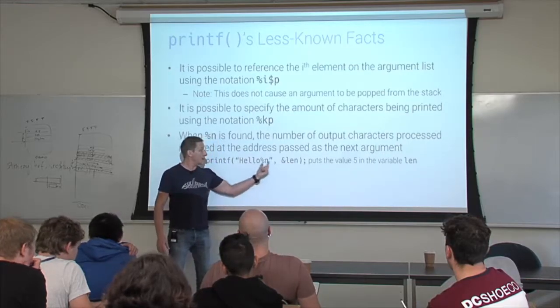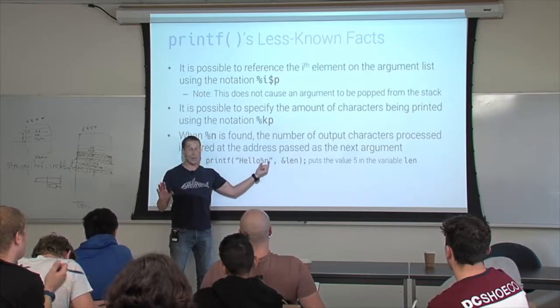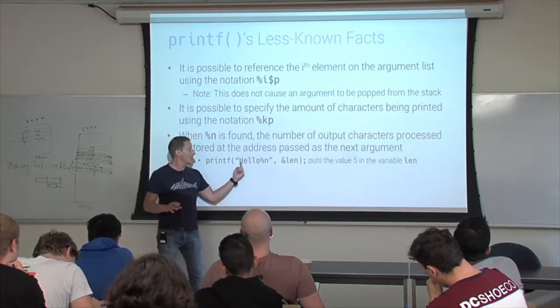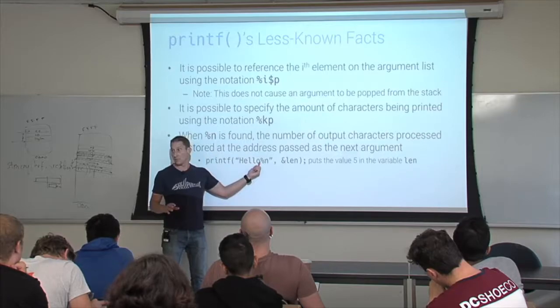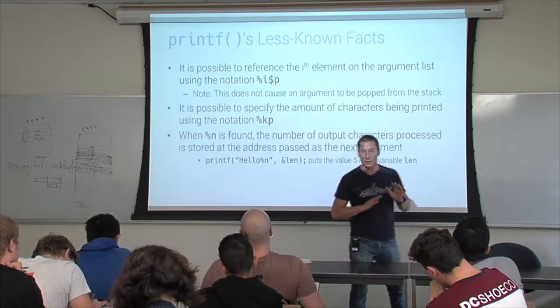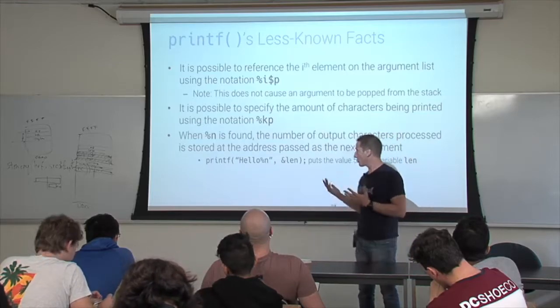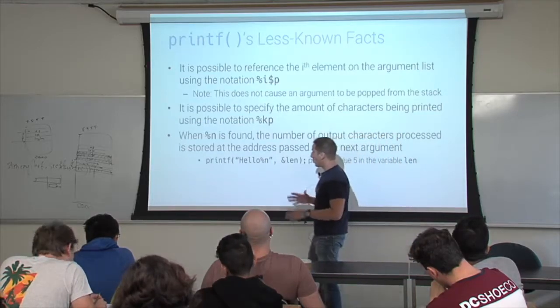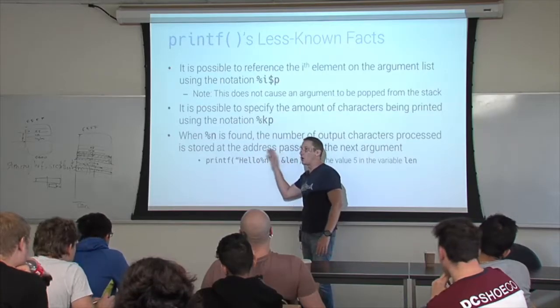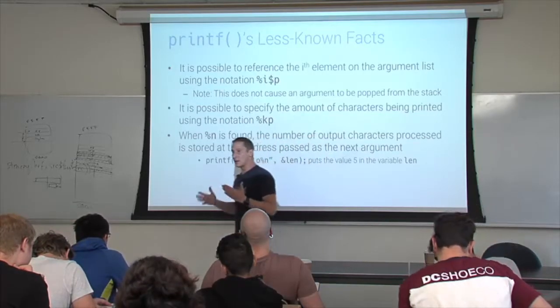So when you get to this, it will not print anything, but will take this address and store at this address the value 5. Okay? It's interesting to read how this came about and how it can be used. Of course, you want to have some control. You want to store in a variable, oh, I wrote this much up to this point, so maybe you can do alignment and all different things.